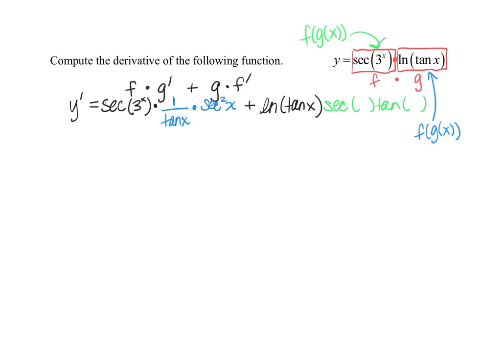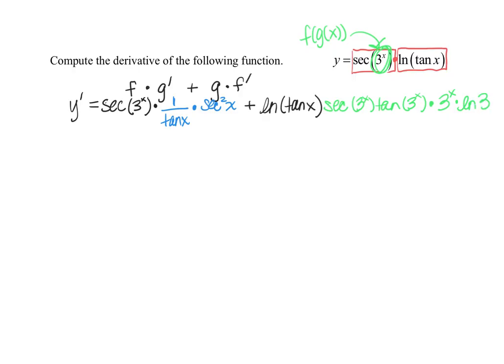Let me erase to give myself a little more space. And then the quantity that's going in the parenthesis is the original inner function. So the original inner function is 3 to the x power. And then chain rule says we have to multiply by the derivative of the inner function. And because that's exponential, we'll use our exponential rule, which will be 3 to the x times the natural log of 3.